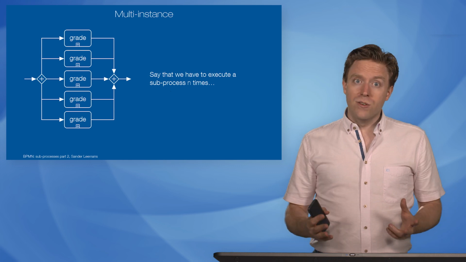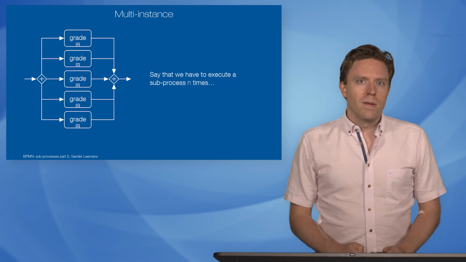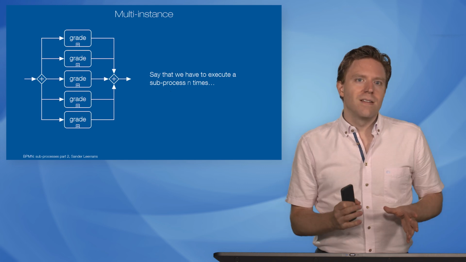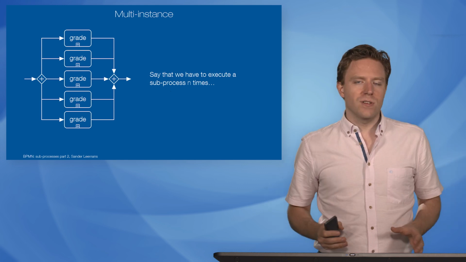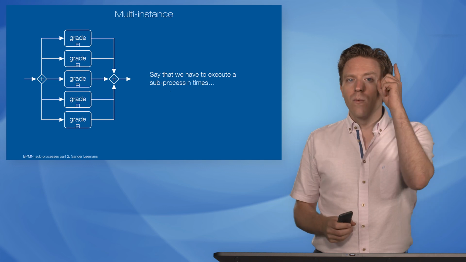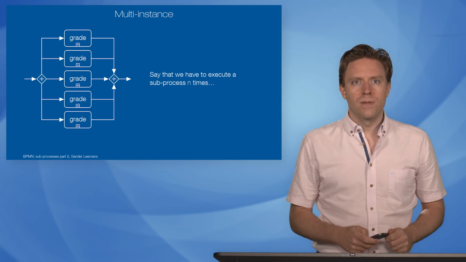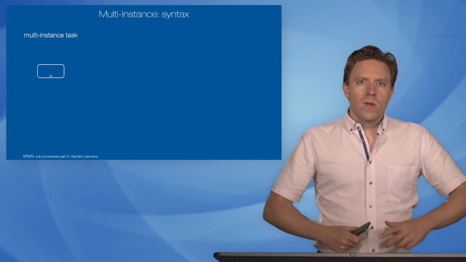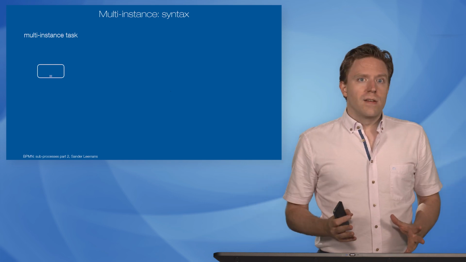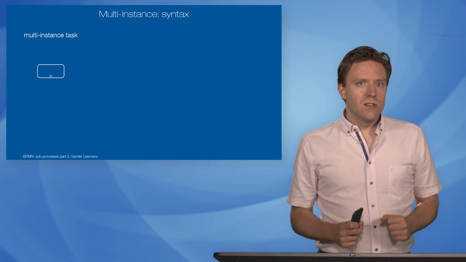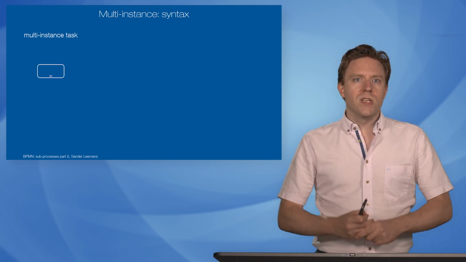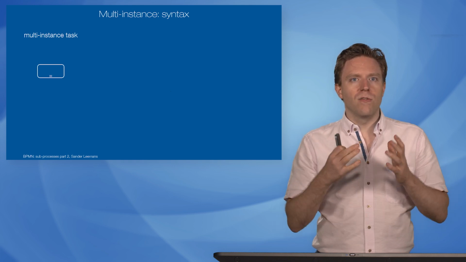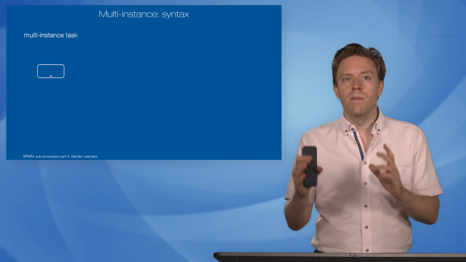Instead, let's use multi-instance. Because this entire model with its 200 or n grading subprocesses, I can replace with one subprocess. In order to do that, I use the multi-instance marker, which says that I start multiple instances of that activity in parallel.